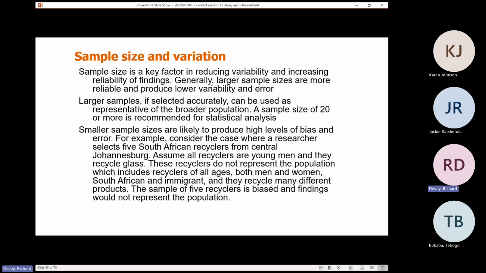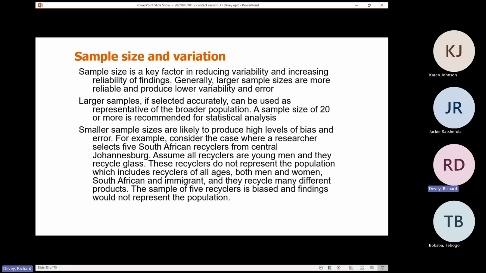So sample size is very important for quantitative research, and it's also relevant for qualitative research as well. And it links into variability and the ability to generalize your results to a larger population.